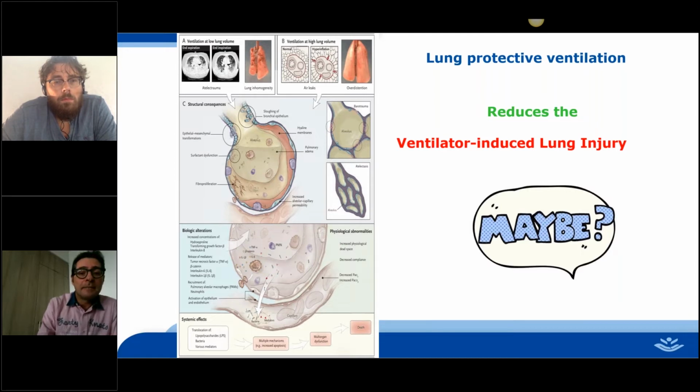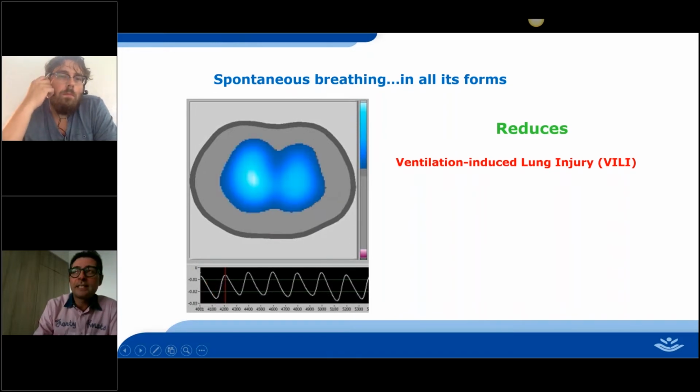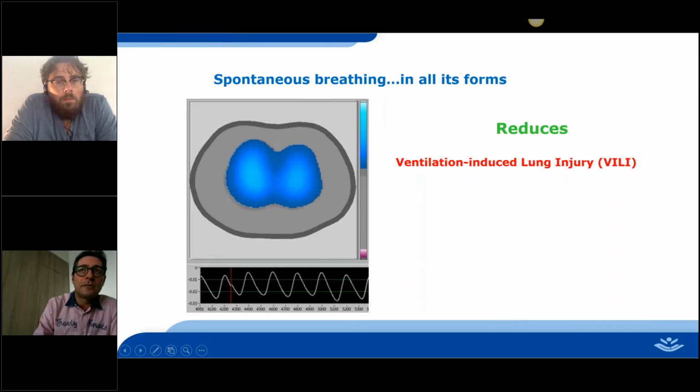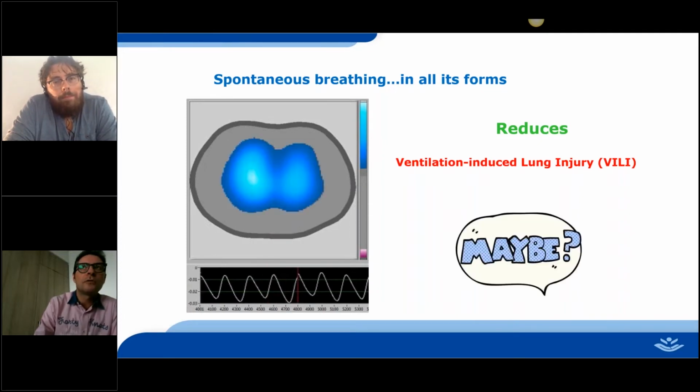At the same time, considering that this one is a normal spontaneous breathing patient, we think that spontaneous breathing in all its forms, so spontaneous breathing, assisted spontaneous breathing with some mechanical ventilation, is the best way to protect the lung. But actually, we are also not sure of this because we have some data saying that spontaneous breathing can be dangerous too.